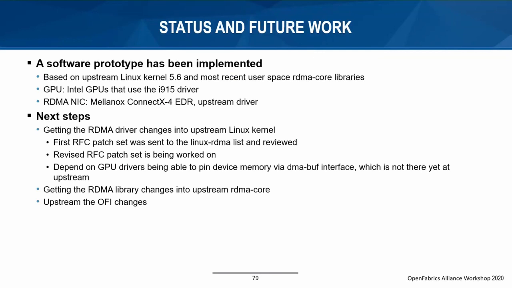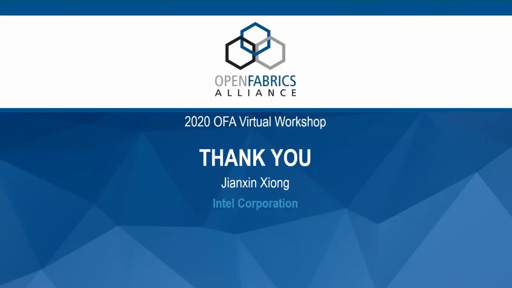And we also want to get the user space library changes upstream in the RDMA core and the OFI changes. I think that's all I have today. I'm open for questions now.